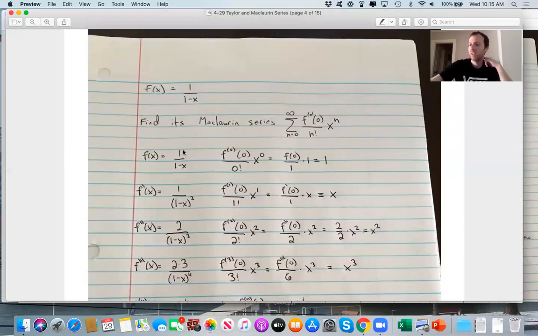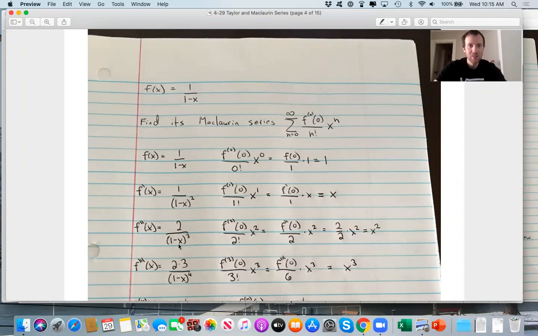taking these derivatives, I skipped over the quotient rule or the actual differentiating, but these are the derivatives. So 1 over 1 minus x, 1 over 1 minus x squared, 2 over 1 minus x cubed, 6 over 1 minus x to the 4th.